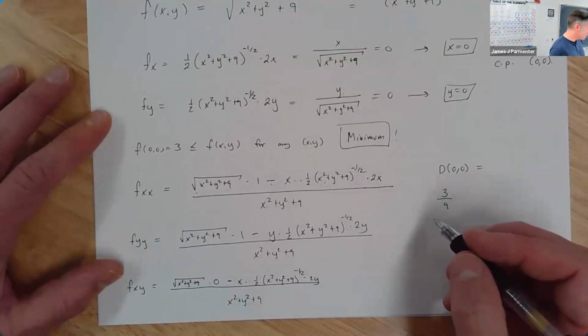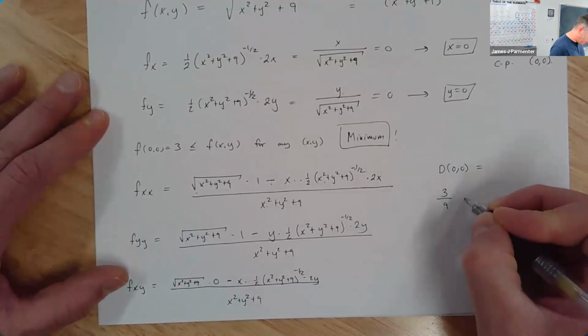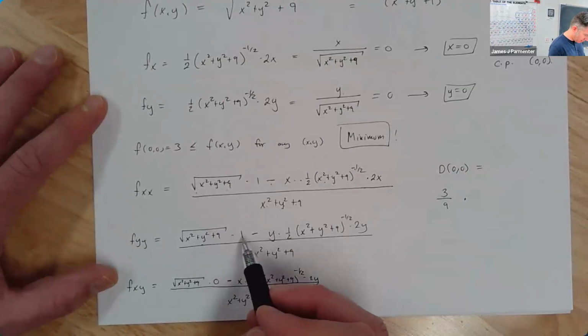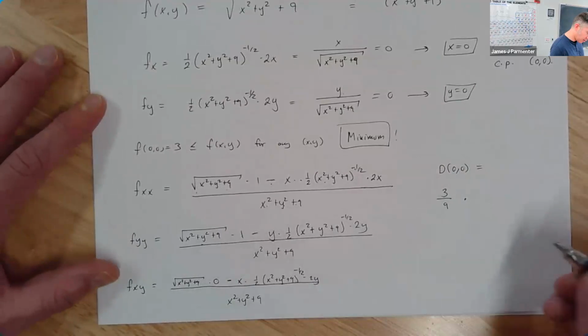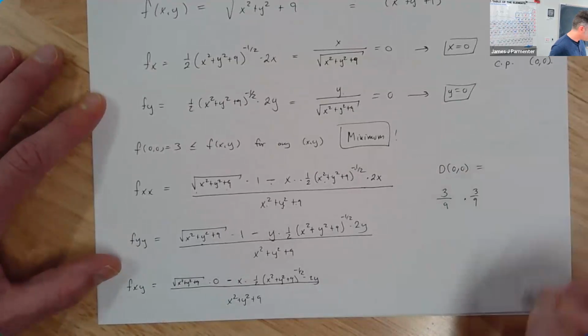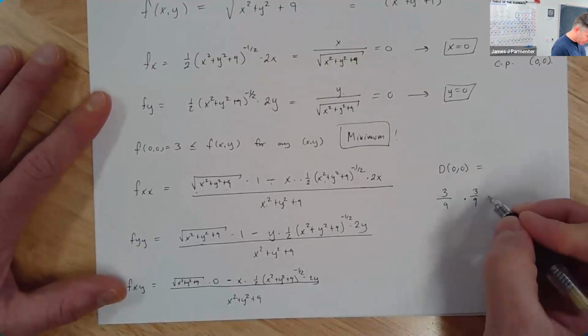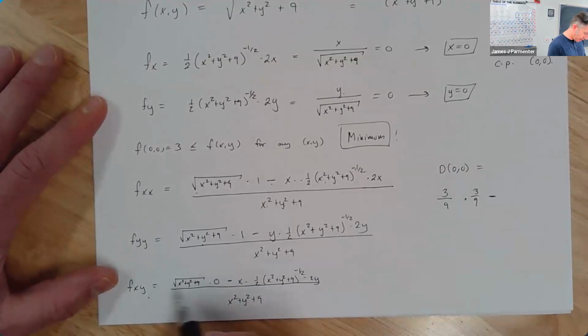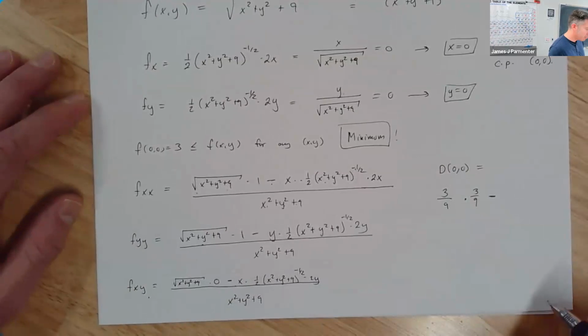So there's your fxx evaluated at 0, 0. And fyy is going to be the same. Square root of 9 times 1 minus 0 over 9. Yep, still 3 9ths. Minus fxy. When I plug in 0, 0 here, I get 0.